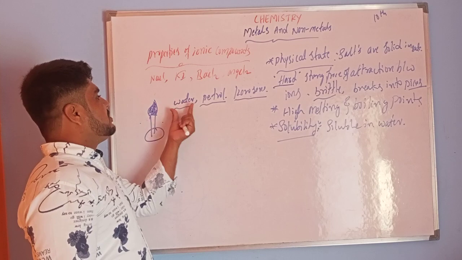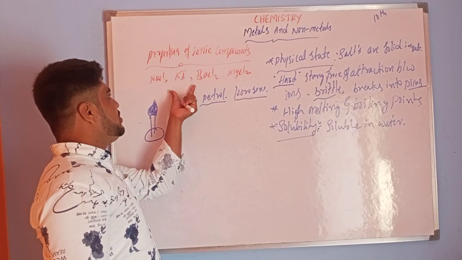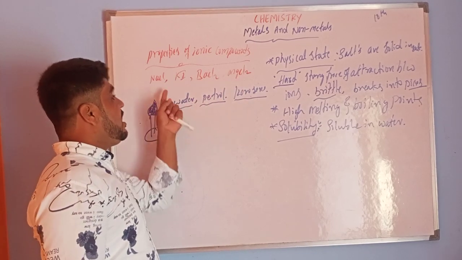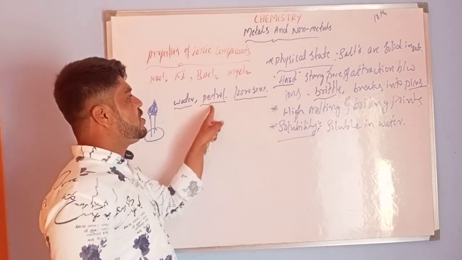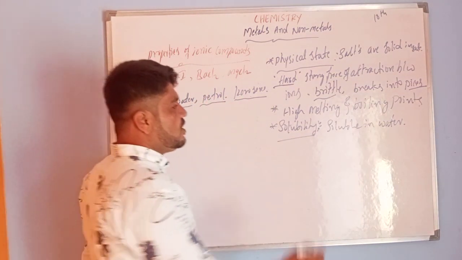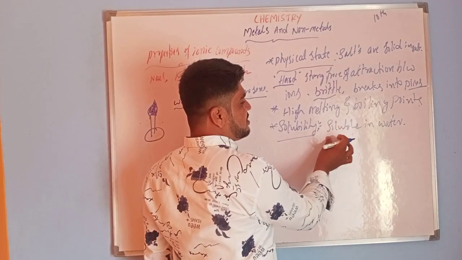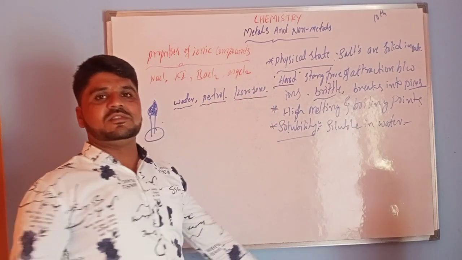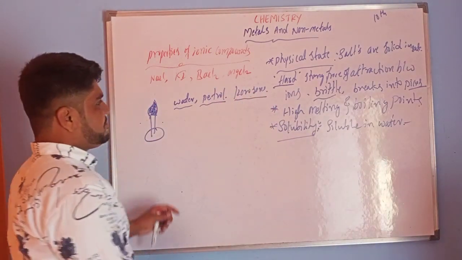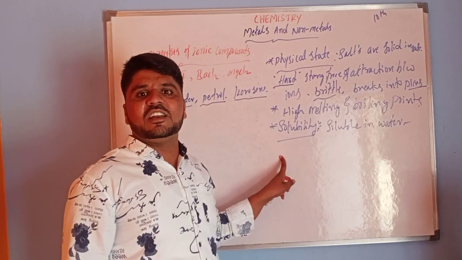If you dissolve all these salts in water, ionic salts are soluble in water, but not in petrol and kerosene. So in the solubility test, they are soluble only in water, and do not dissolve in petrol and kerosene. Okay, this is about solubility.